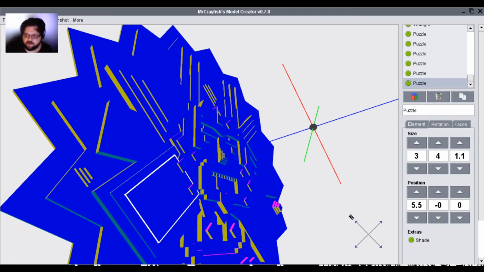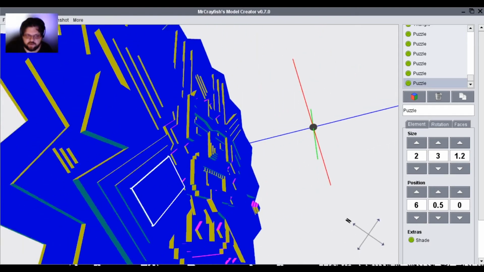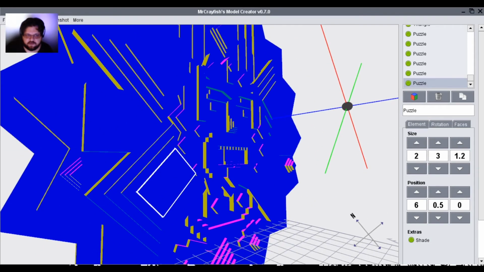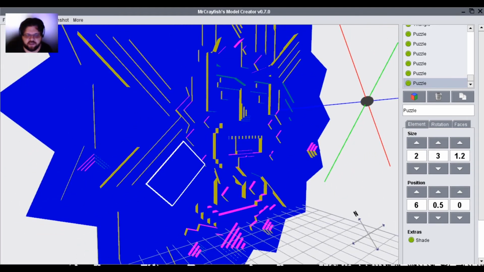And then 2, 3.2, 6.5. Nice, nice. Only problem is that goes in a bit, because it's shorter.